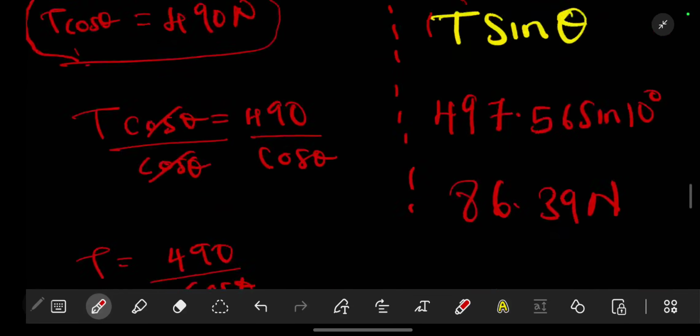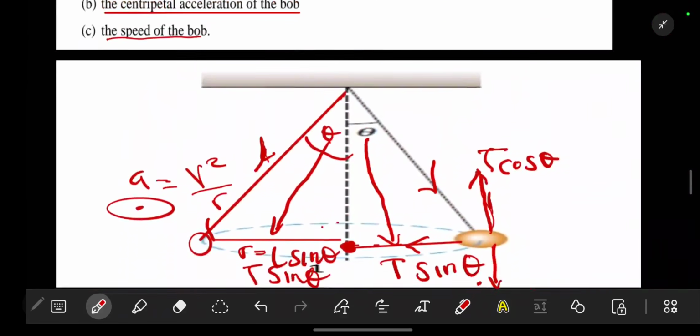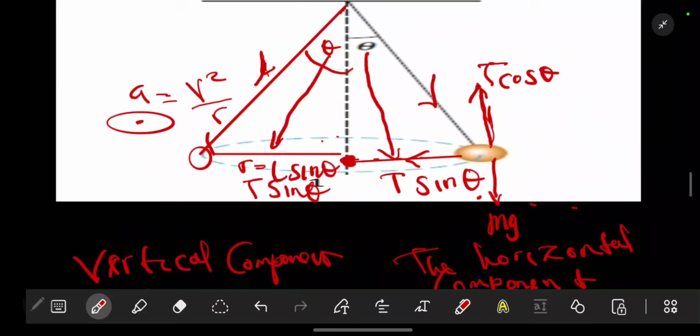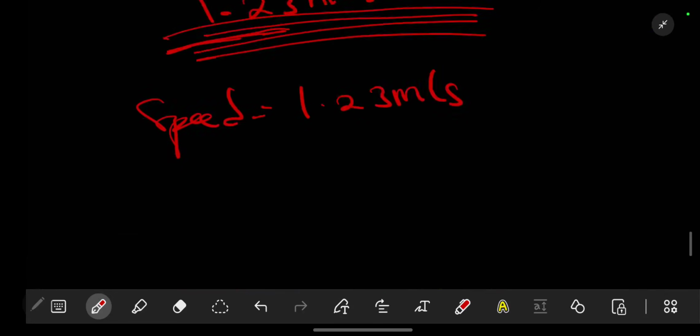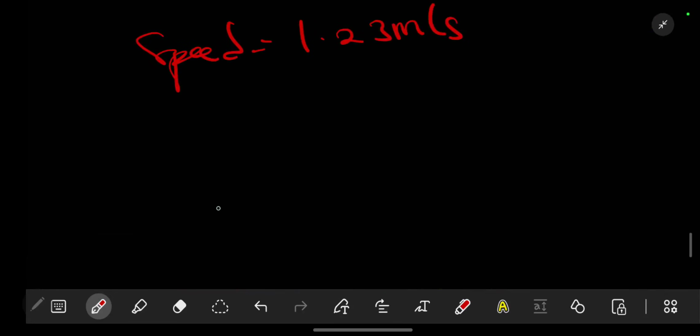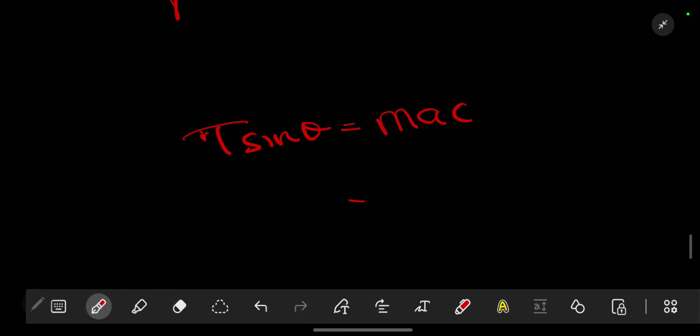we know that the one that provides the centripetal acceleration is the tension. So remember, T sine of theta is equal to mass times the centripetal acceleration. Let's say you are not given the centripetal acceleration. You are going to say T sine of theta is equal to m times ac, and we know ac is v squared over r.